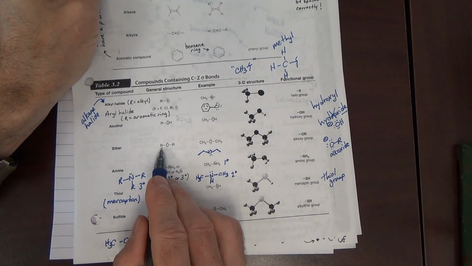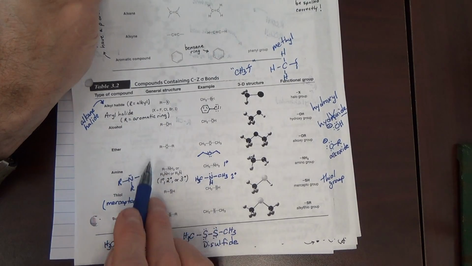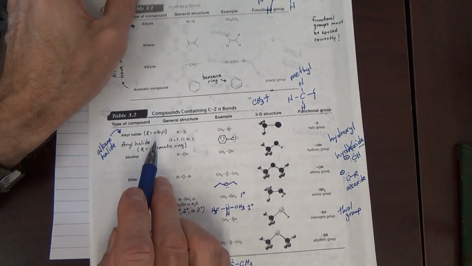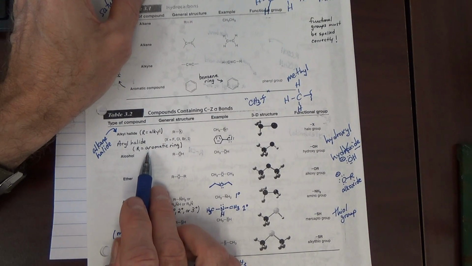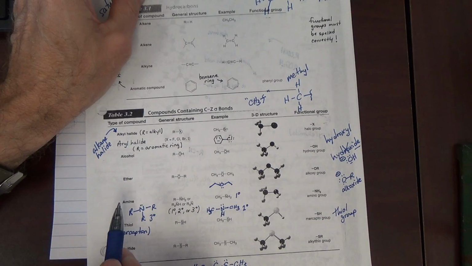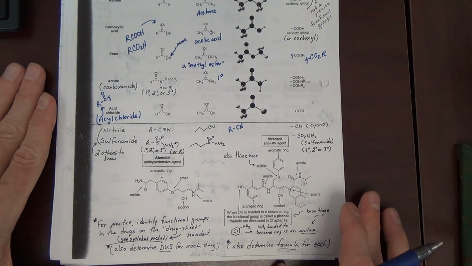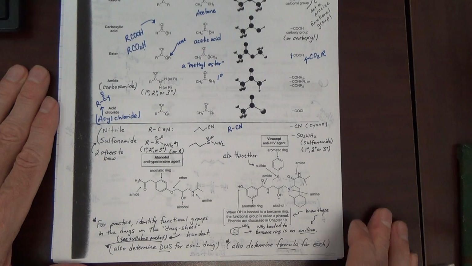Now, R can be alkyl. R is actually quite generic. Sometimes people will say it's an alkyl group, but it actually can also be an aryl group. See, here I said where R is an aromatic ring. Some people have sort of different definitions of R, but it's quite generic.